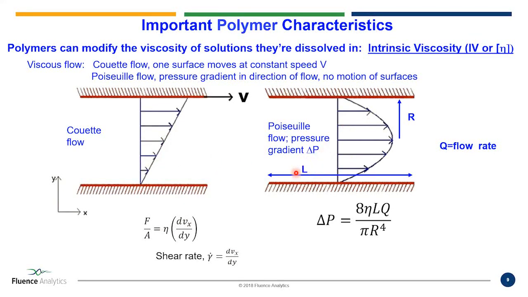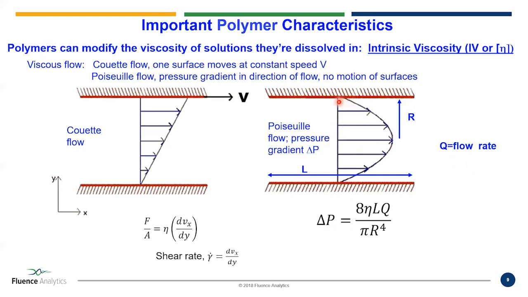You can do this in concentric cylinders, that's a popular Couette device. But the real workhorse in chromatography and polymer characterization is Poiseuille flow, where you have a capillary with a given radius, and now you have a pressure difference between here and the other side, this delta P, and that drives the liquid.